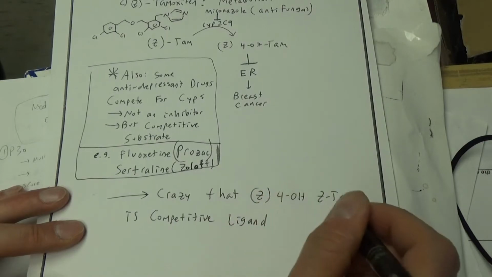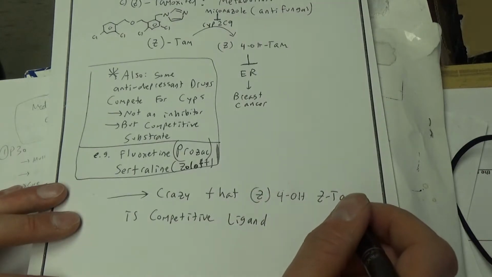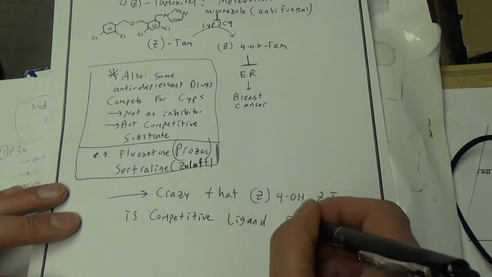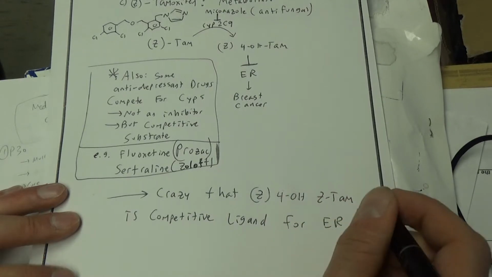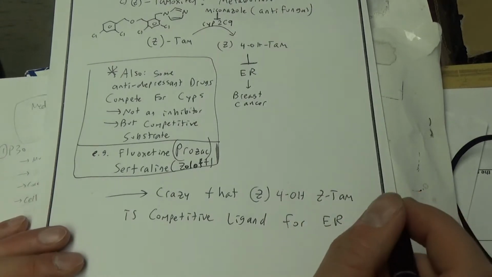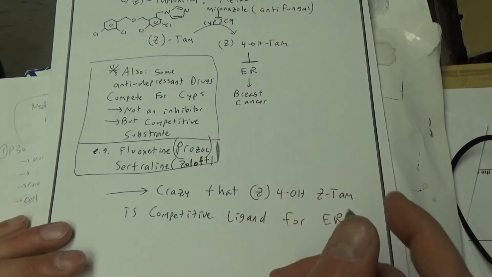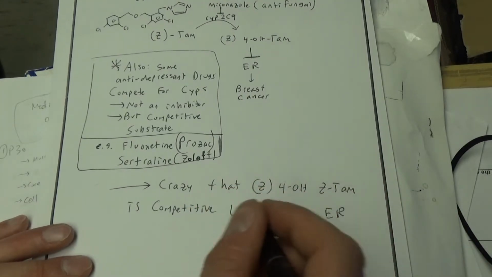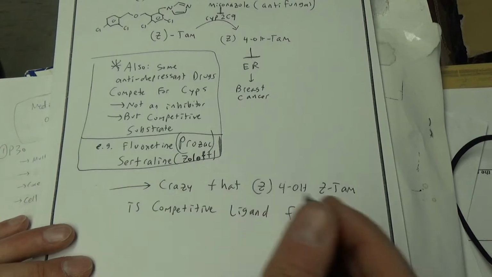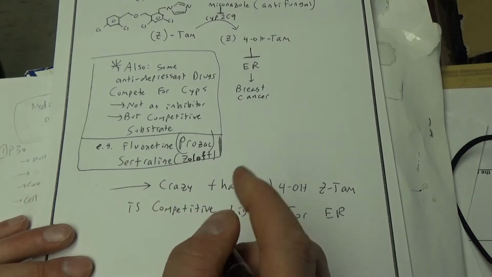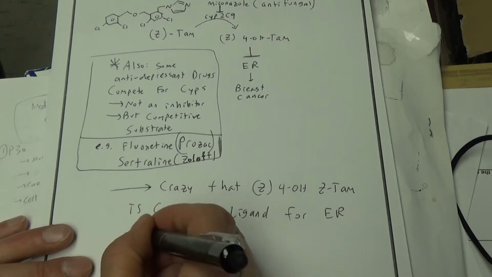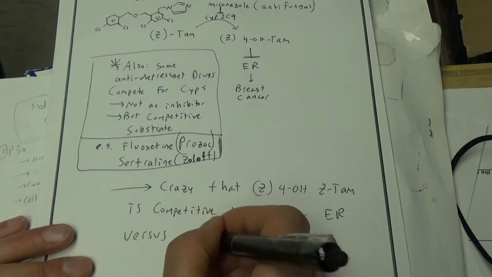and it acts as an inhibitor in the breast tissue for ER when the normal natural steroid hormone looks like this. Like estradiol, as an example.